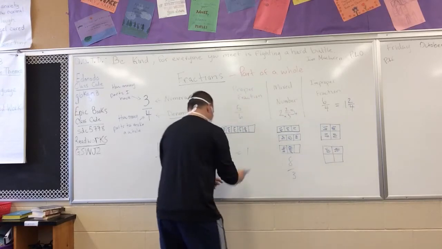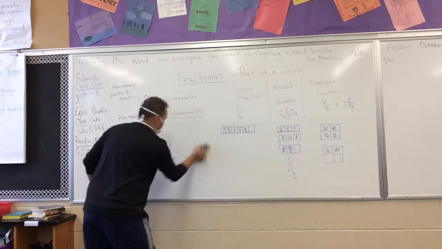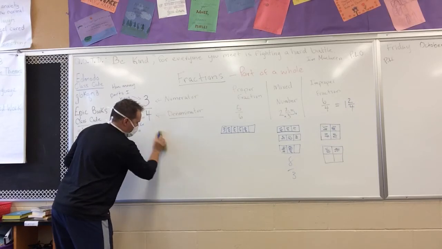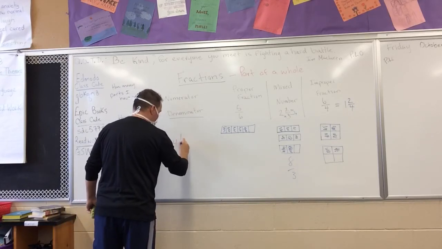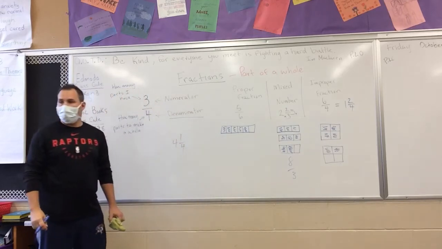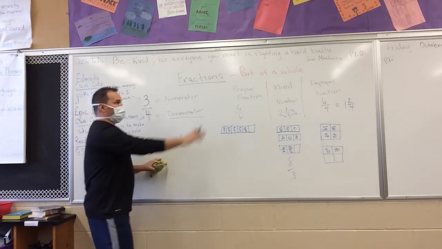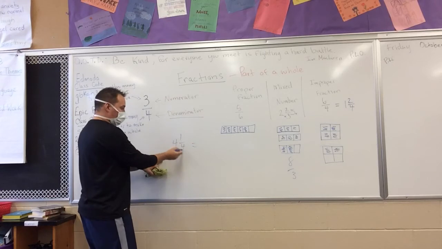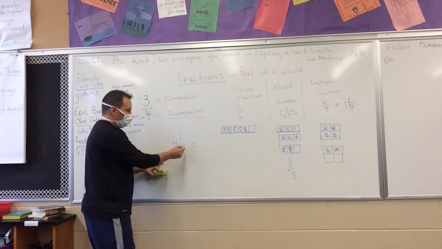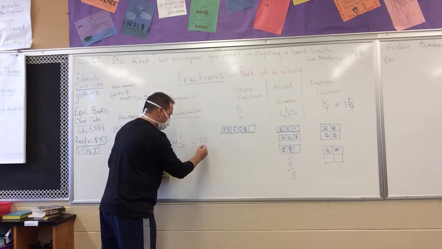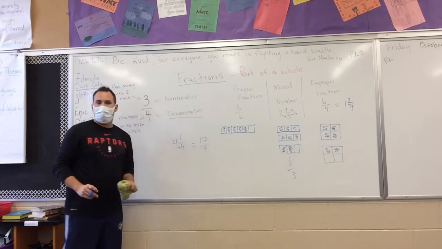If we had, let's say, 4 and 1/4. Right? If we want to put this into an improper fraction, I would say 4 times 4. 4 times 4 is 16. Plus 1, 17 over 4.